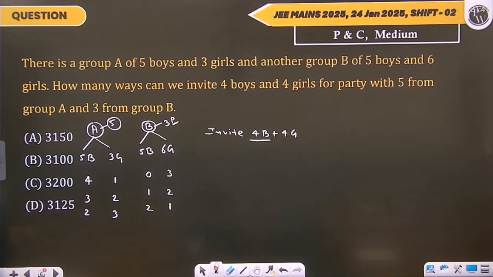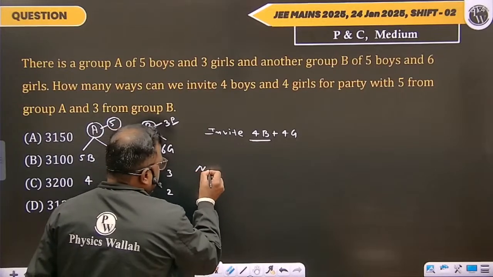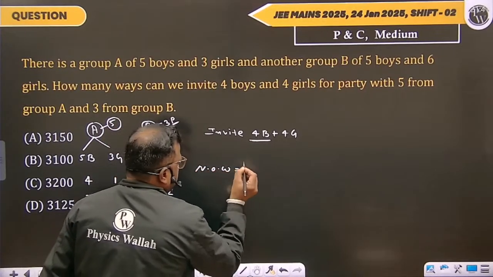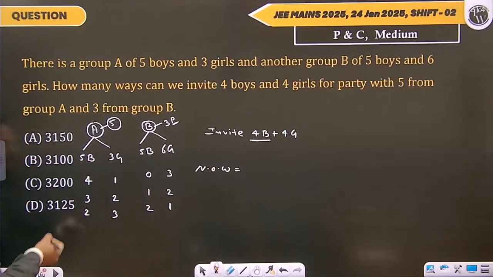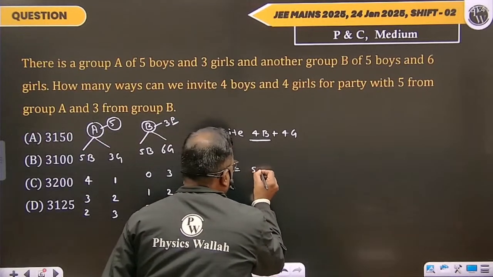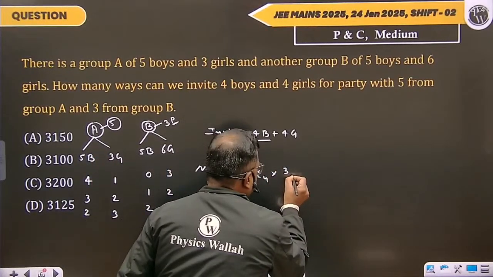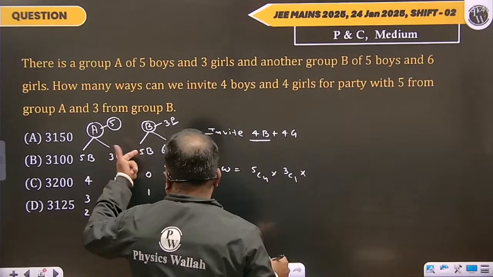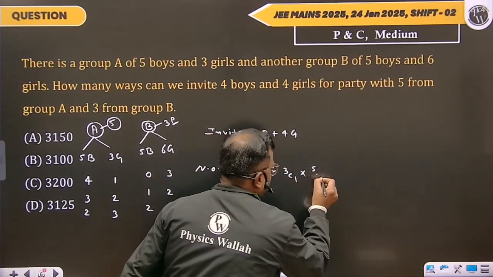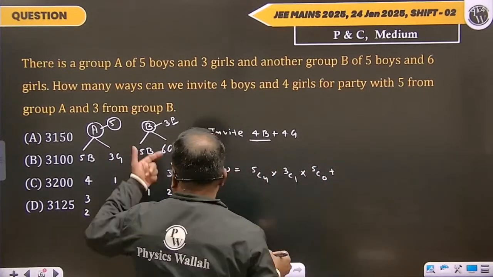So how many ways can you select? Number of ways, it is very simple. Of 5 boys, you have to select 4 boys. So 5C4 multiplied by 3C1 multiplied by 5C0 multiplied by 6C3.